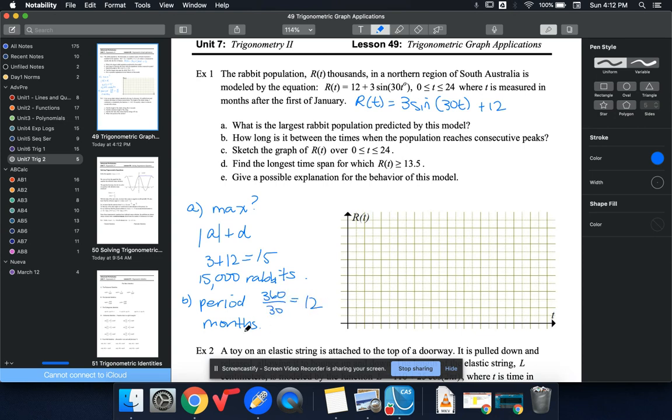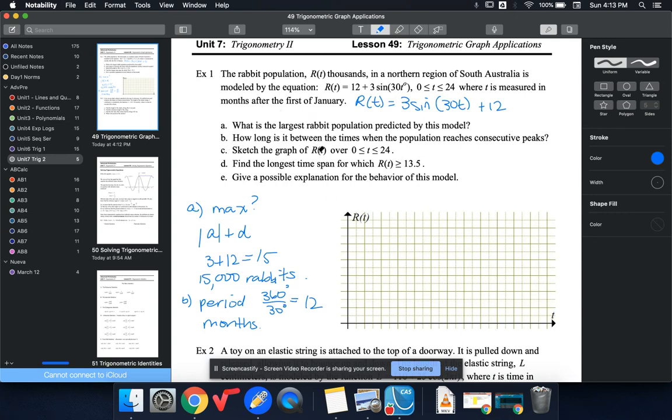So my period is actually 12 months or 1 year. So notice here, our input to the sine function is degrees, but t is being measured in months. So when I take 360 degrees, divide it by 30 degrees, I'm basically canceling out the units of degrees and left with the units of t, which are going to be time, which is being measured in months.